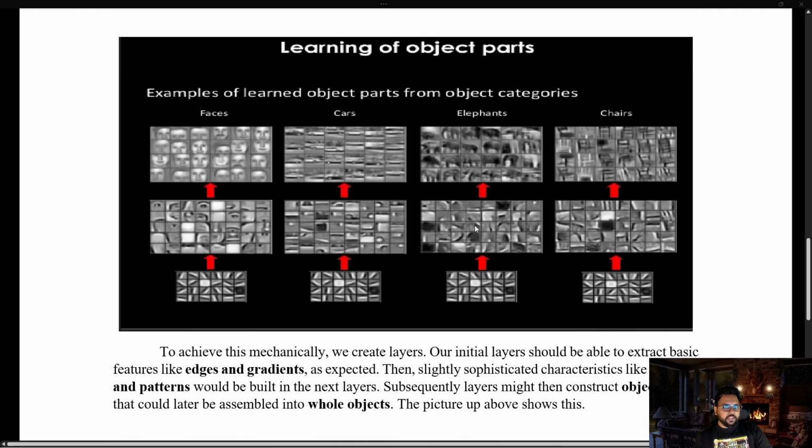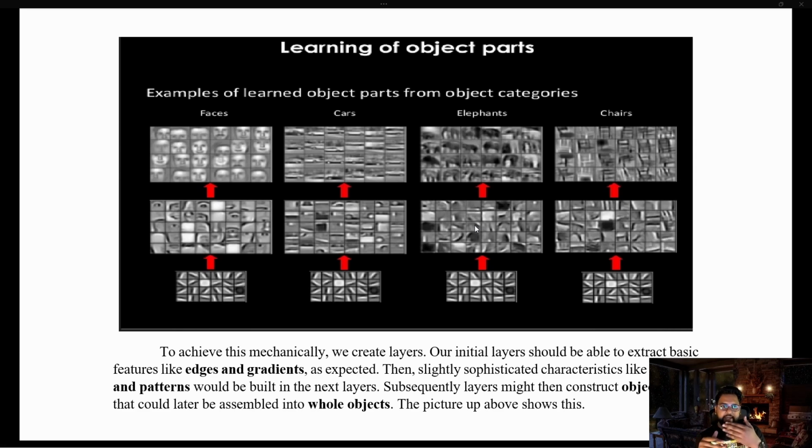So that's why, as I said, we have 4 blocks. That's why we add multiple layers to the convolutional neural network, so that it can extract that information and give it to us.